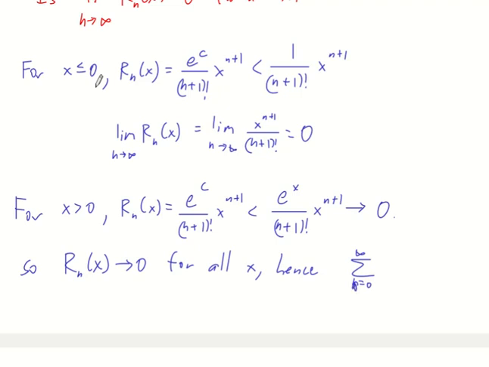Or they use k again. I don't know why they switch back and forth between n and k so much. But as k goes to infinity of x to the k over k factorial equals e to the x. That is to say that the series converges to e to the x for all values of x everywhere.